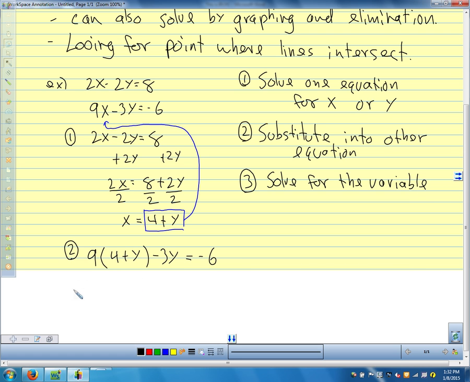So there's my substitution. Now I'm going to do my third step. To solve for the variable here, what do we have to do first? Order of operations tells us to do parentheses first. So I'm going to distribute them. So 9 times 4 is 36 plus 9y minus 3y equals negative 6.